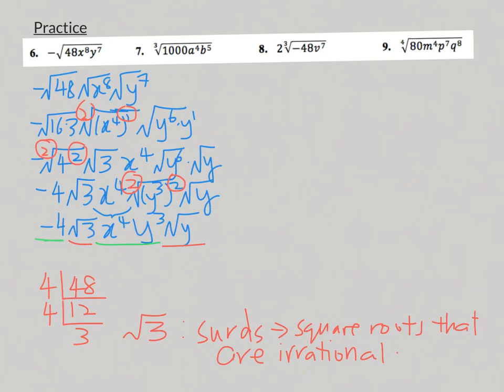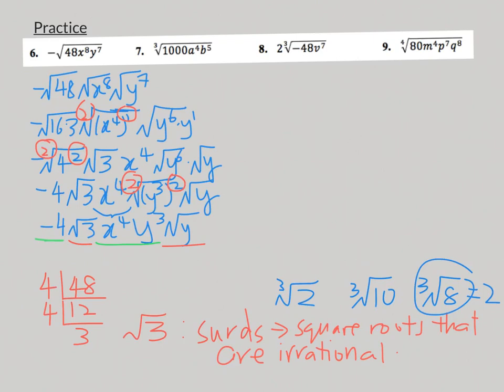Or for cube root, we're looking at the cube root of numbers that are not cube numbers, such as 2, or say the cube root of 10. But of course the cube root of 8 is not a surd, because its value is equal to 2, which is a rational number, and 2 can be expressed as a fraction.